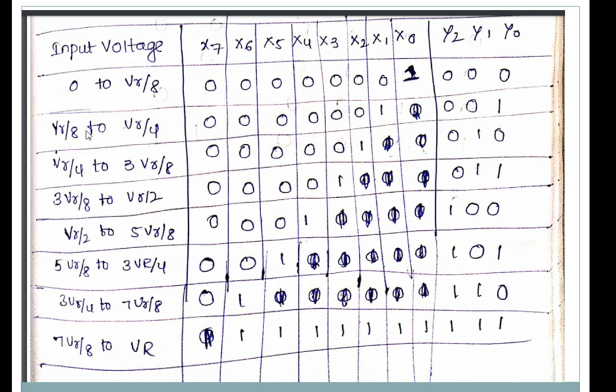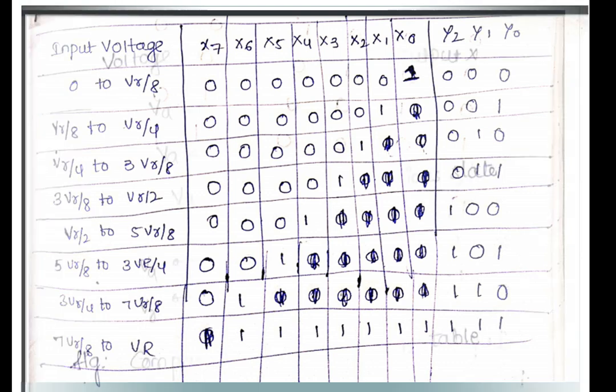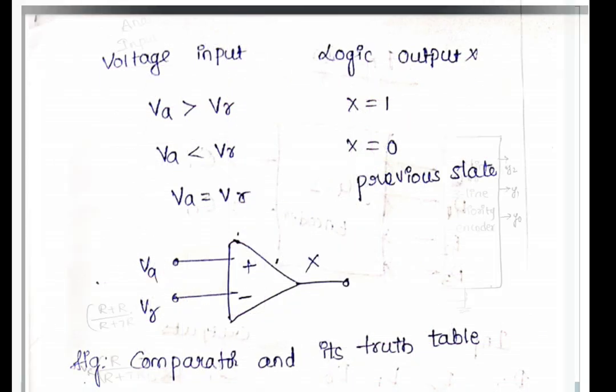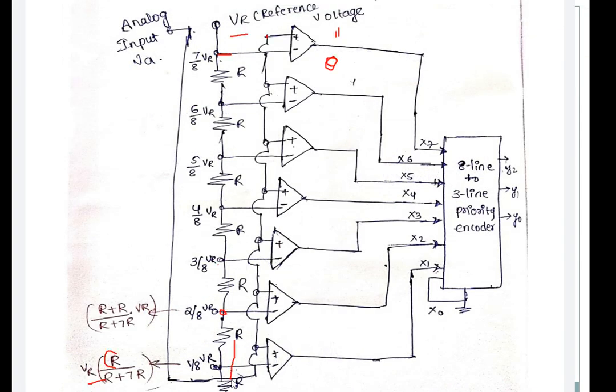If the input voltage is ranging from VR by 8 to VR by 4, in that case X1 will be 1. Once you observe the circuit diagram, in the first case X0 will be 1, that is the voltage is lesser than VR by 8. Whenever X0 is 1, all the outputs are 0.